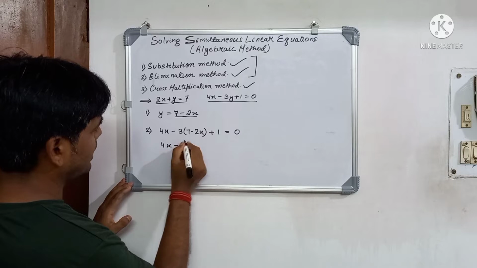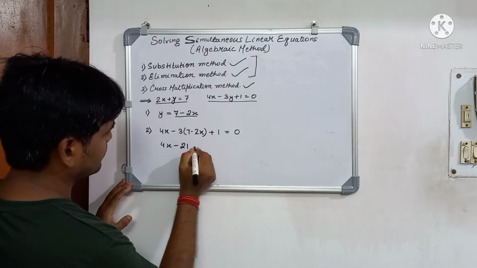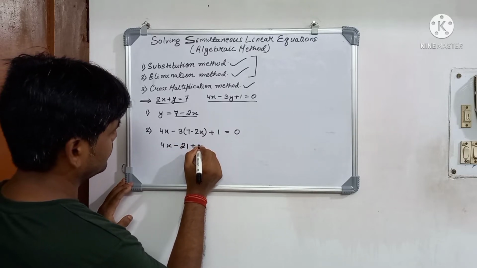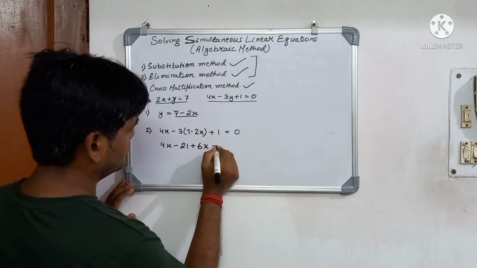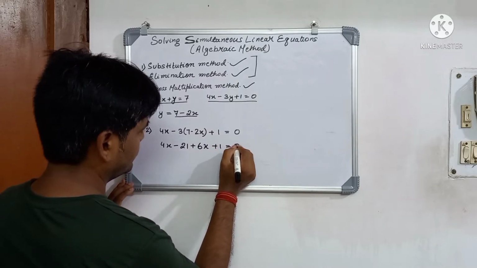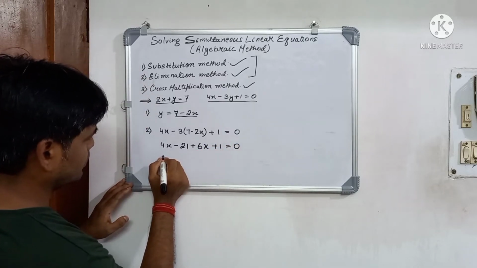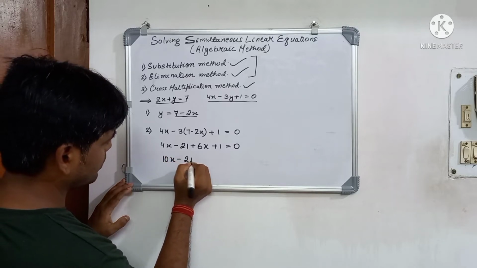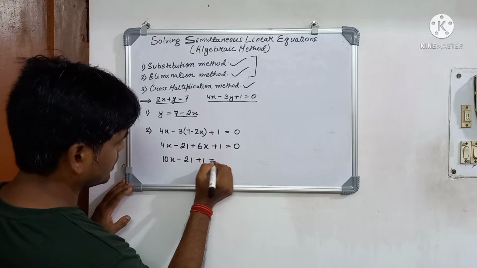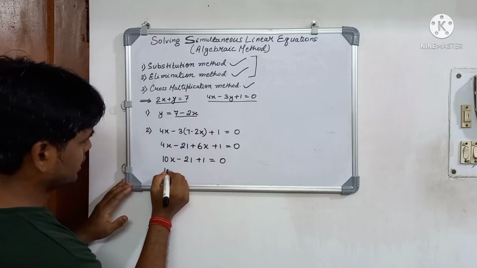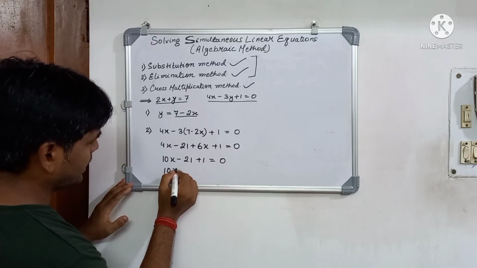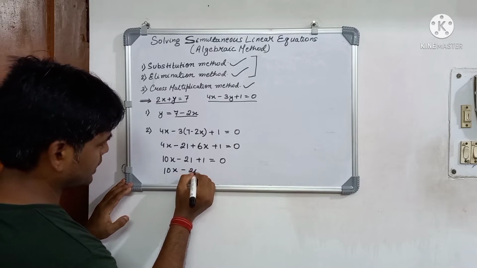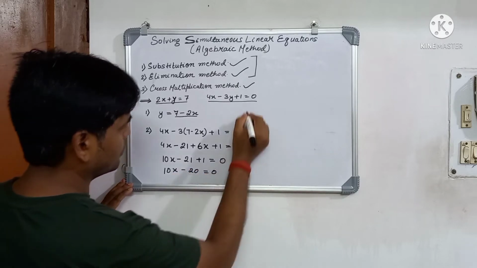4x minus 3 times (7 minus 2x), which gives 10x minus 21 plus 1 is equal to 0. In the next step, I have 10x minus 20 is equal to 0.